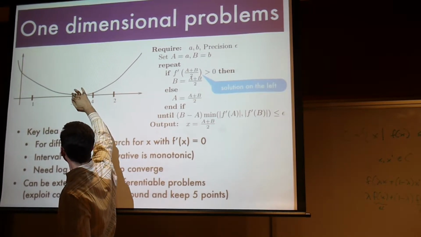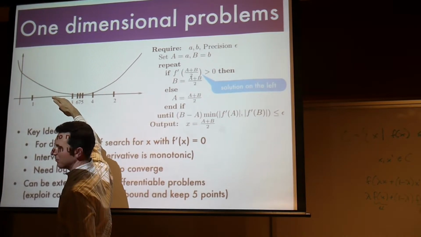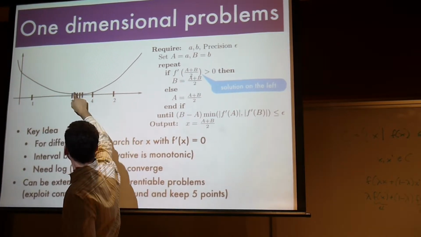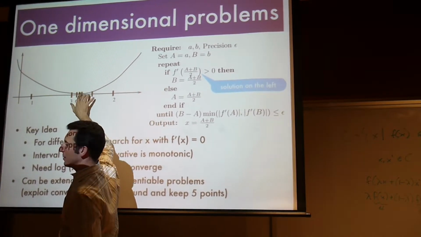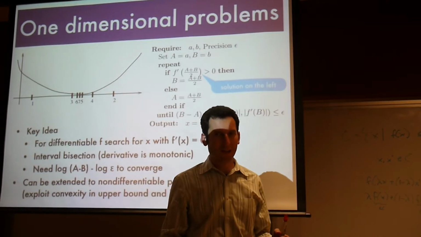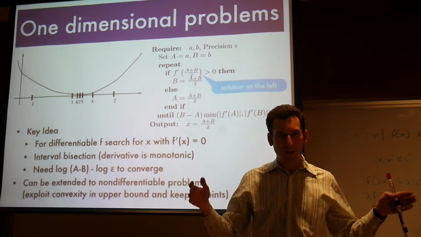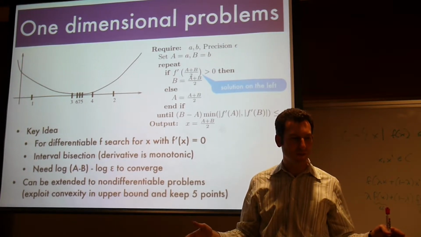But if it's differentiable, all I need to do is check which way the gradient goes. The gradient points to the right, I keep on moving here. Points me to the left, and I keep on halving the interval. Therefore, after k steps, I am left with 2 to the minus k times the original interval.